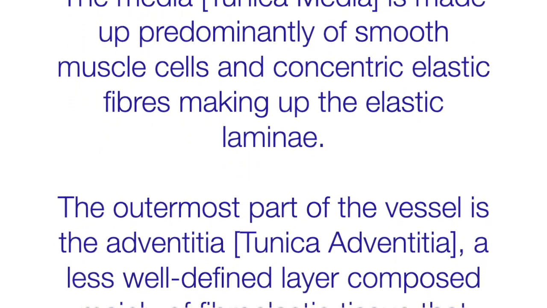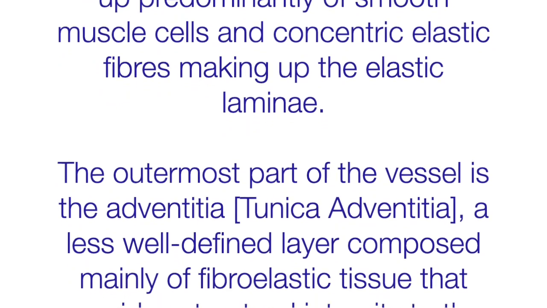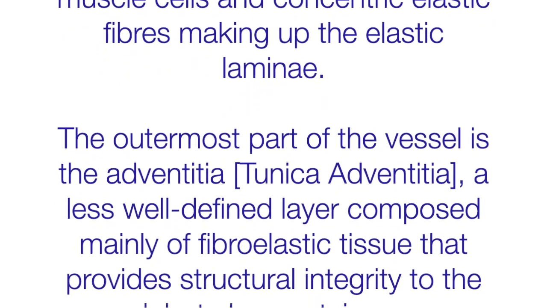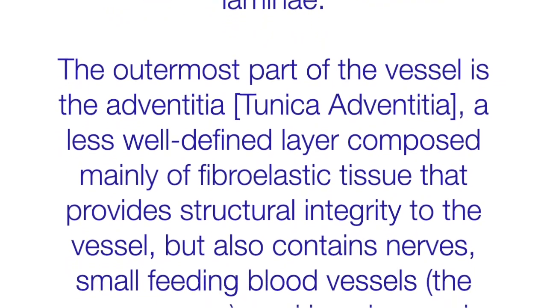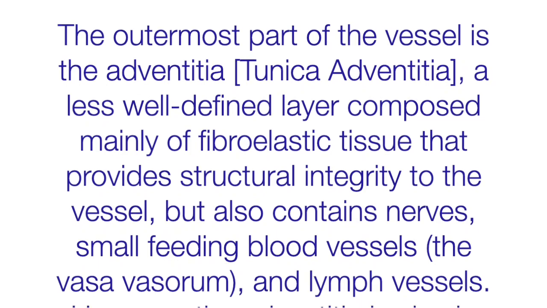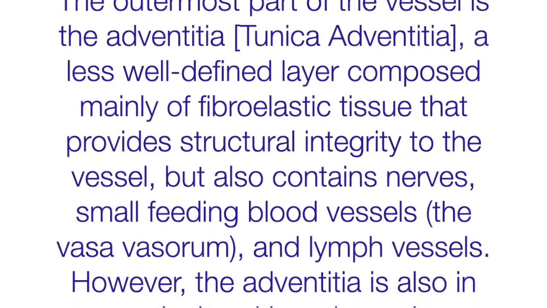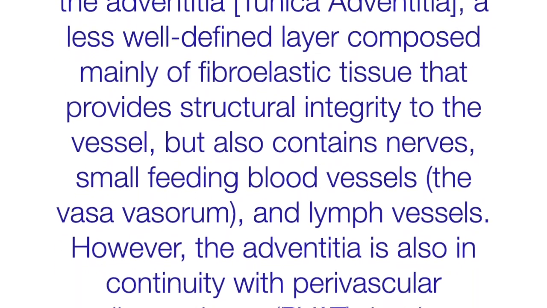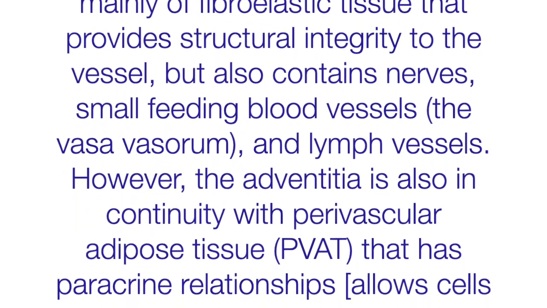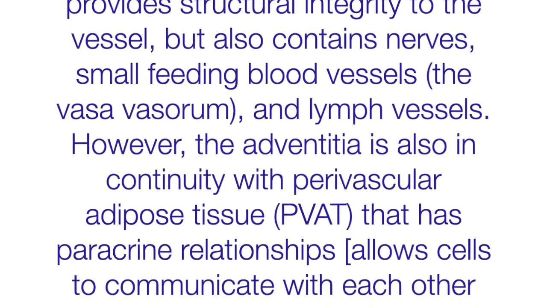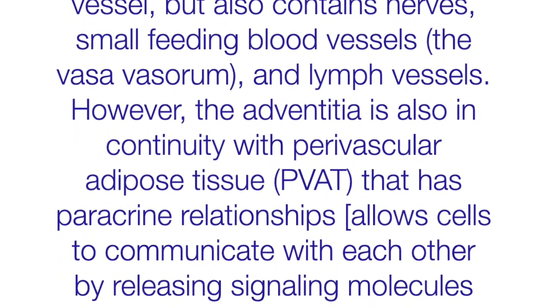The outermost part of the vessel is the adventitia, tunica adventitia, a less well-defined layer composed mainly of fibroelastic tissue that provides structural integrity to the vessel, but also contains nerves, small feeding blood vessels called the vasa vasorum, and lymph vessels.